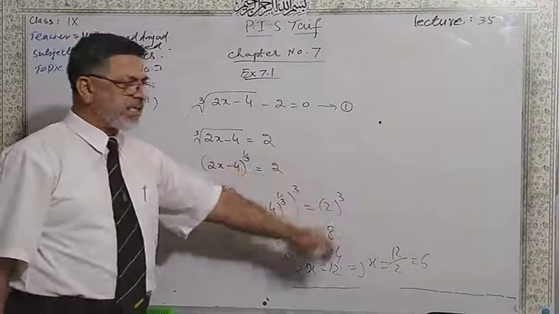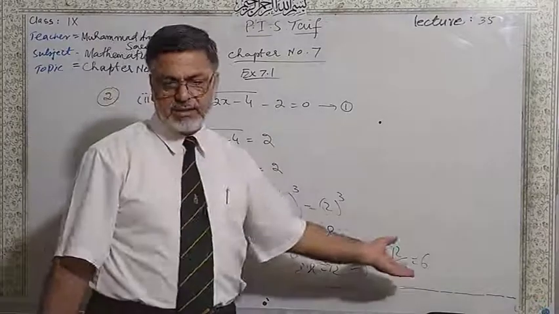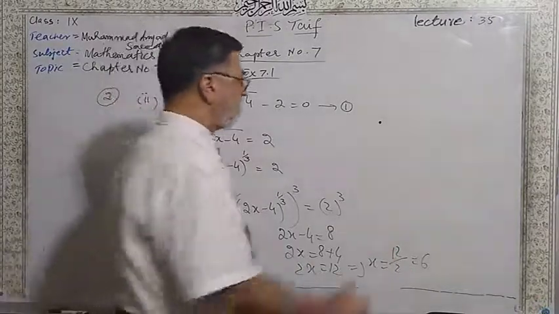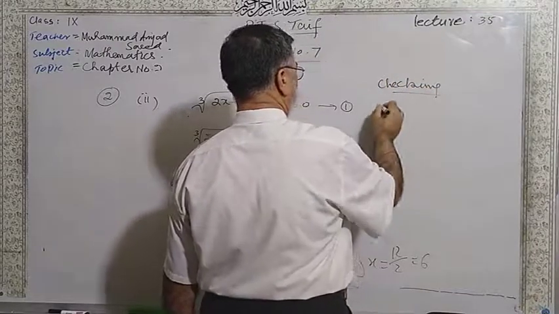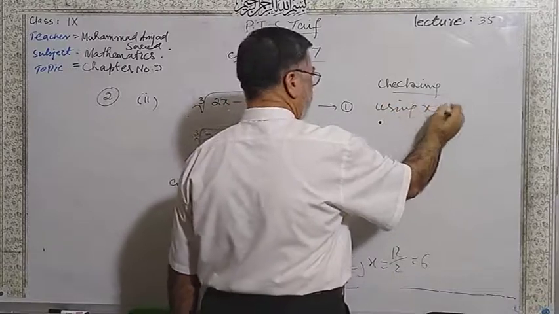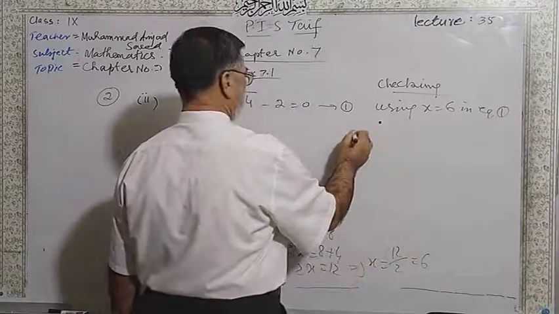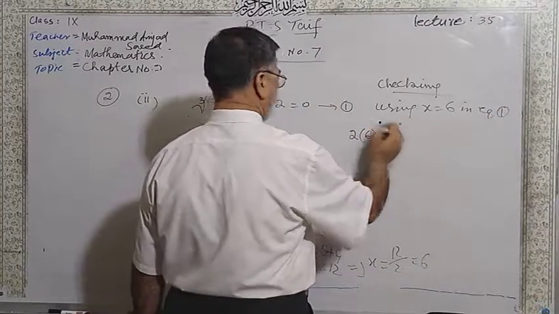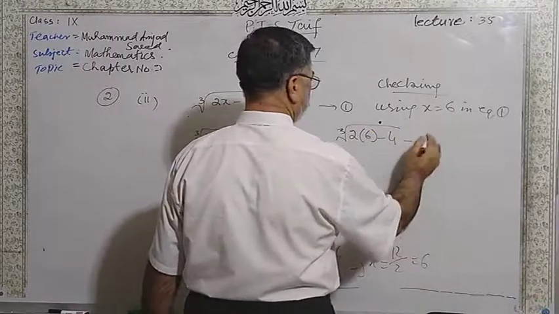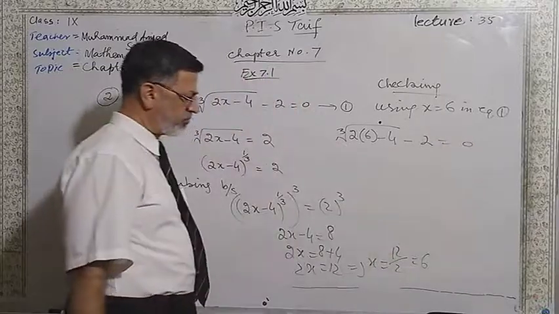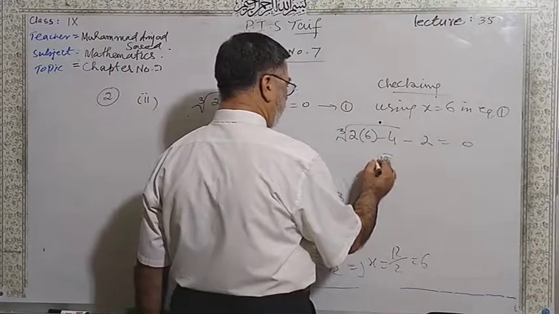But we will not write down this answer before we check whether it is part of your solution set or extraneous. So checking using x is equal to 6 in equation number 1. 2 into 6 minus 4 under root, or rather it is cube root, minus 2 is equal to 0. Dear students, 12 minus 4 is 8, this is 8 cube root.